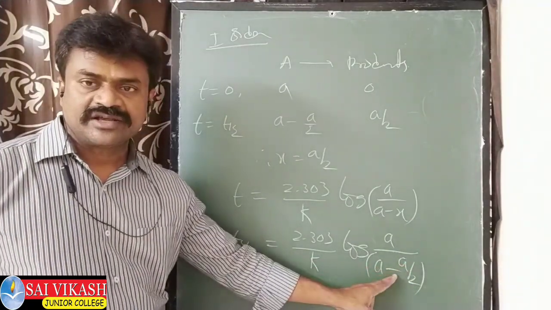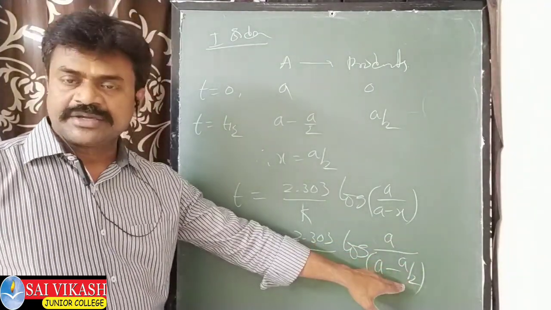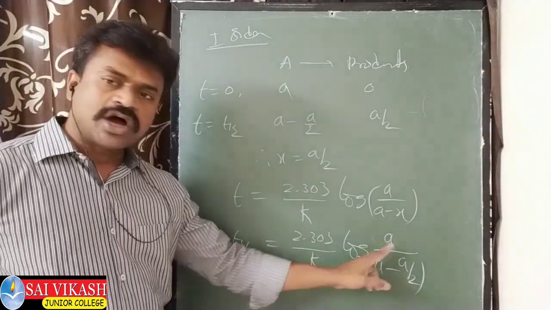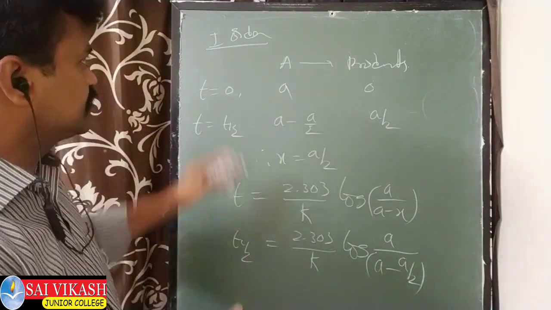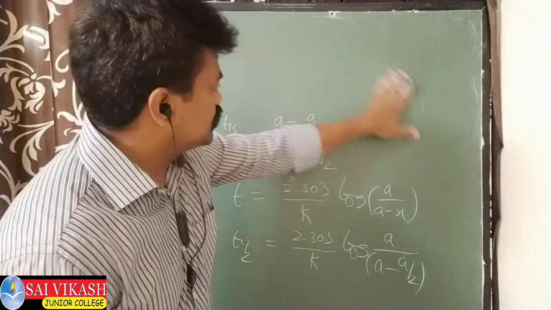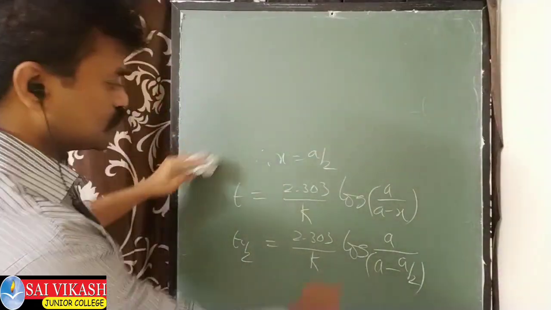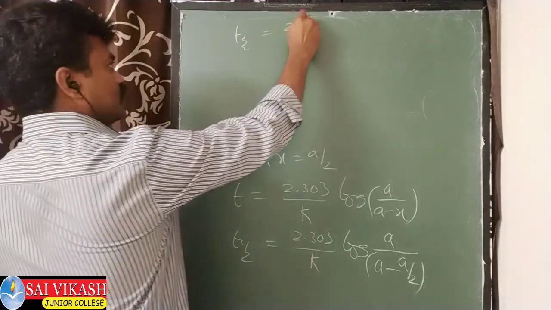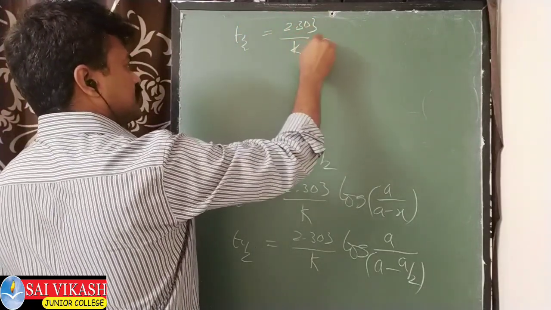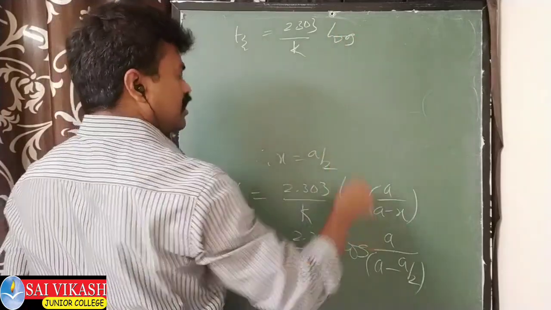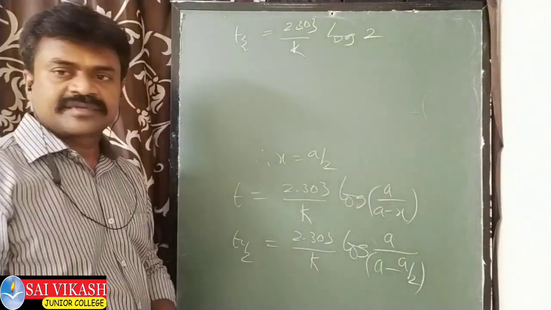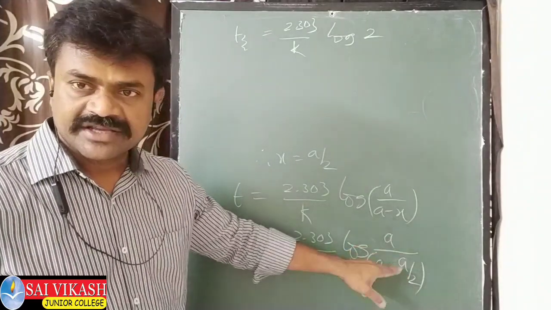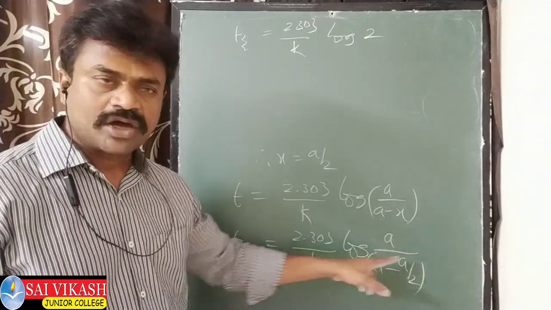A minus a by 2 is again a by 2. So a by 2, a cancels, 2 will move upside, so log 2 we will get. So t half equal to 2.303 by k log of 2.